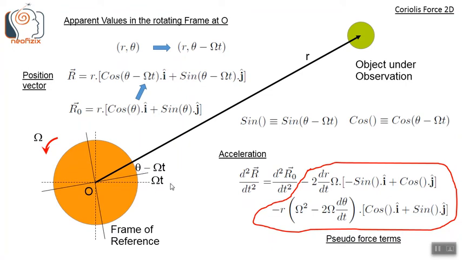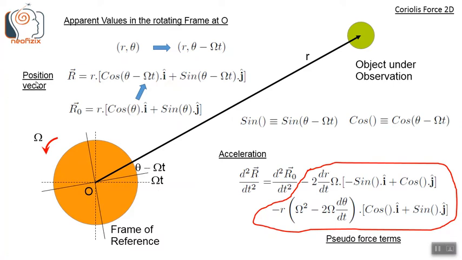So this theta with respect to the dashed lines is the angle with respect to the non-rotating frame, and theta minus omega t is what we observe from a rotating frame. Since the center of rotation is also the origin O of the frame, the radial distance r remains unaltered. Only theta becomes theta minus omega t.